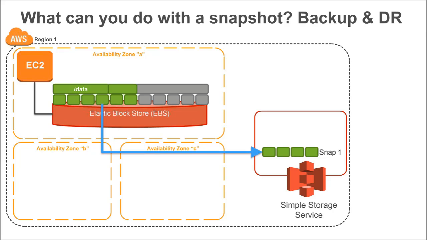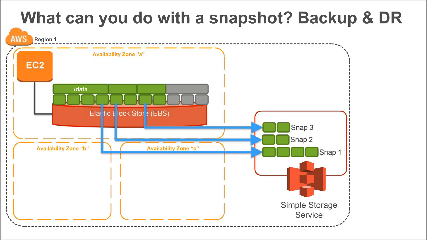We continue to run our application, and the next set of blocks are modified, and they're going to be a part of snapshot 2, and so on and so forth. So we now have 3 snapshots with incremental blocks associated with each of the snapshots.